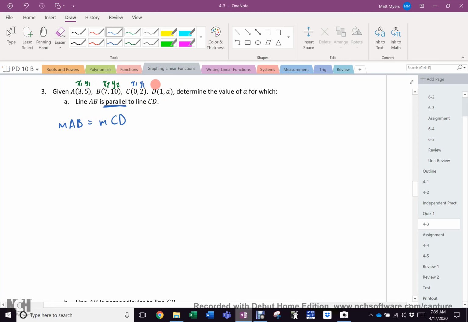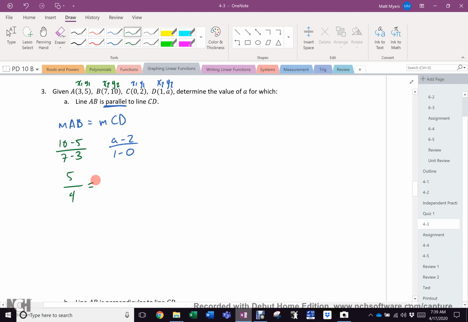So the slope of AB in green is 10 minus 5 over 7 minus 3. And then we check CD, which is A minus 2 over 1 minus 0. So 10 minus 5 is... sorry, it's +5. 7 minus 3 is 4.